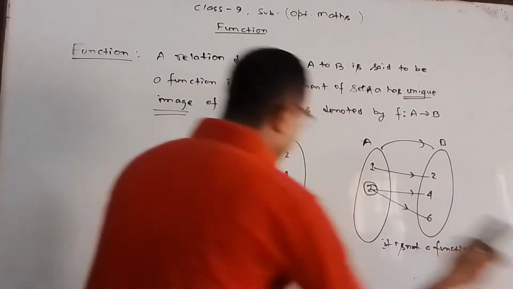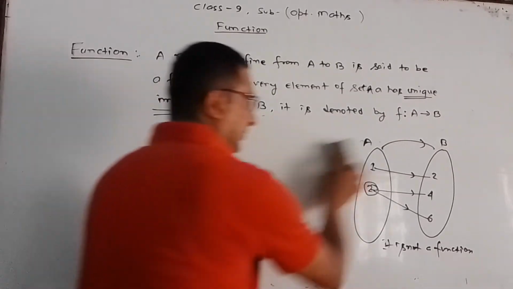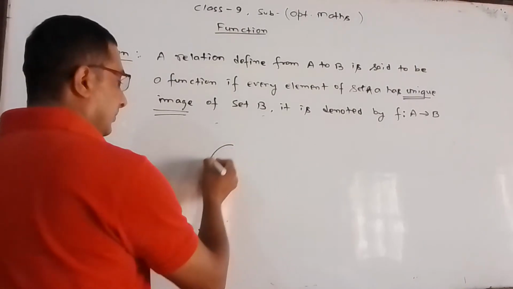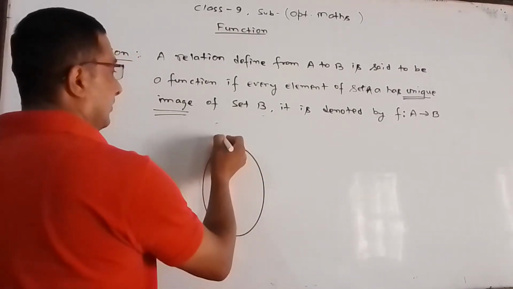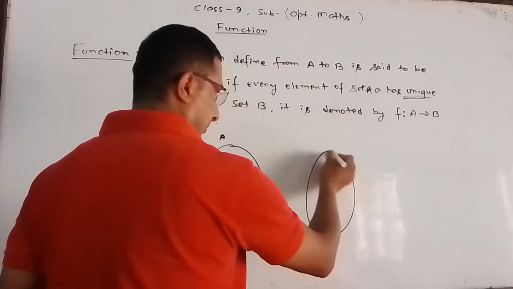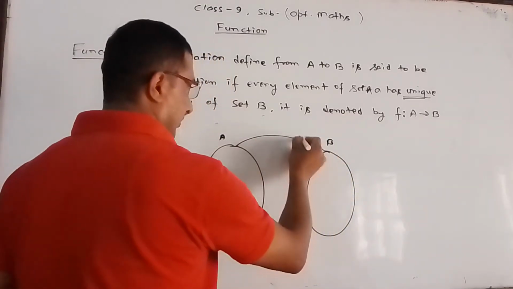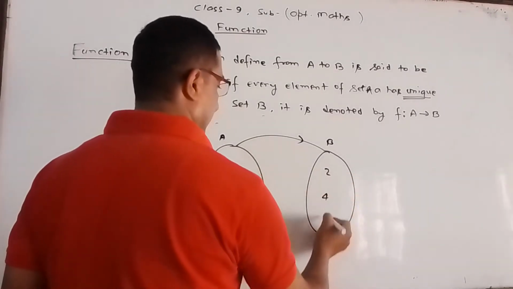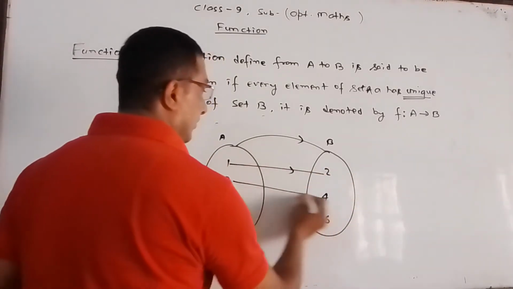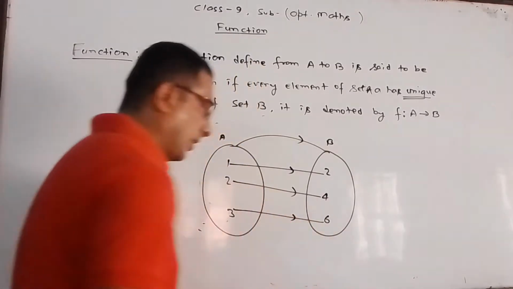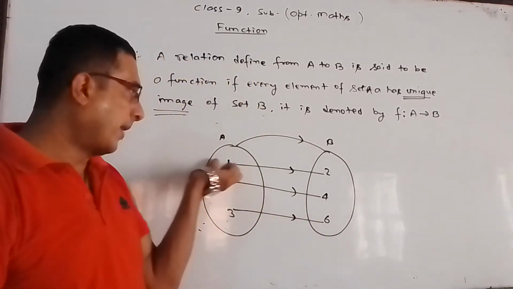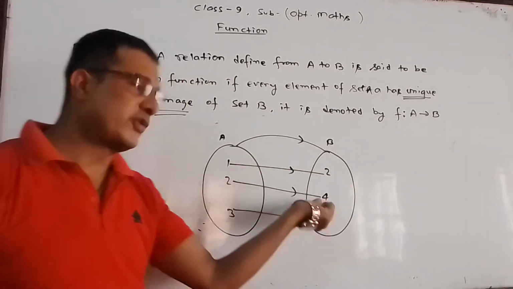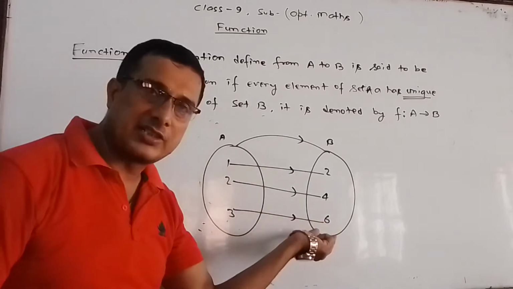So I am taking other examples. In this example, 1 maps to 2, image of 1 is 2, image of 2 is 4, and image of 3 is 6.